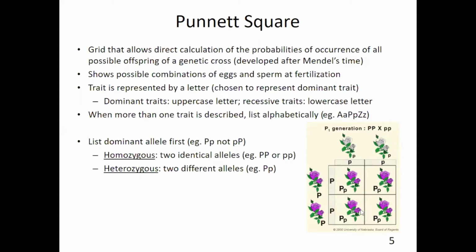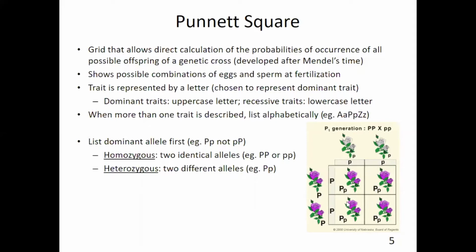You can see for all 4 possible combinations, the only combination that will result from a homozygous dominant plant being crossed with a homozygous recessive plant are heterozygote individuals.